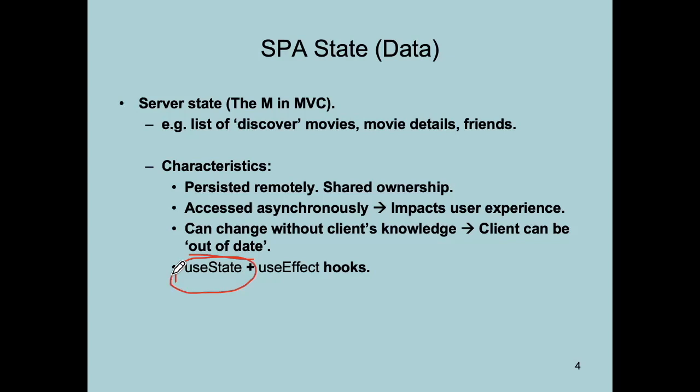We're not using any of them. We're using the useState hook to take care of storing our server state as well as our client state. You could argue that we should really refactor that out separately, but we'll kind of ignore the fact that we're not doing that.